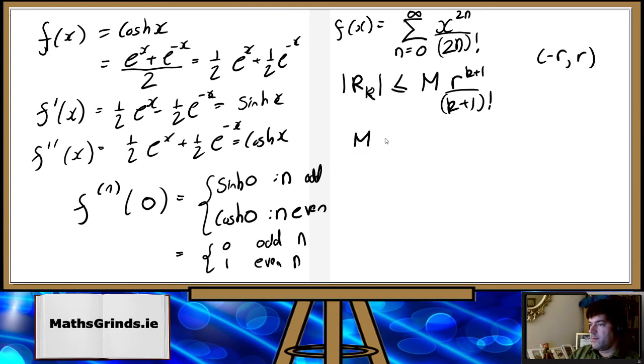Now the M will be the maximum on minus r to r for the (k+1)th derivative. Now, the maximum here is 1.